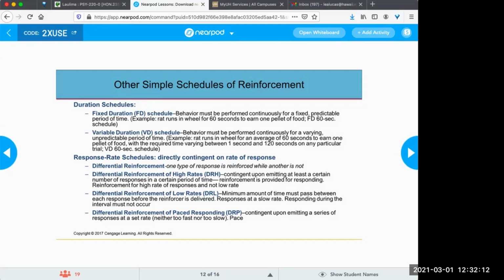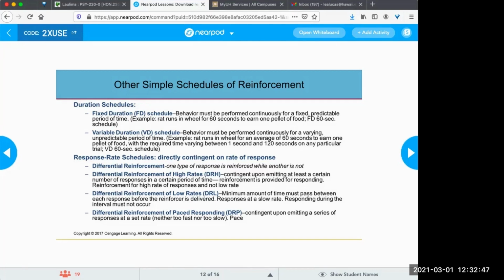If you don't make that certain number of responses in that designated period of time, then you're not going to get reinforced. That's what one type of response is reinforced while another is not. So we have reinforcement for a high rate of responses, but not for a low rate of responses.